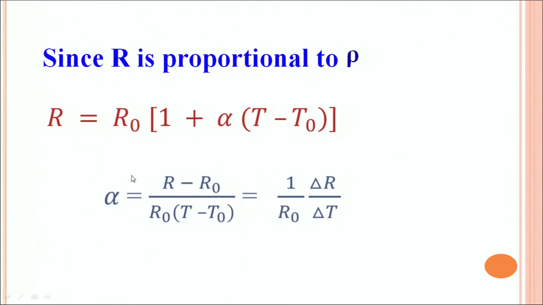Now if you take R minus R naught as a change in resistance and T minus T naught as a change in temperature, then this gives you a tool to define the temperature coefficient of resistance. If you take R naught as 1 ohm, that means the resistance at 0 degree centigrade is 1 ohm, and if you take T minus T naught as again 1 degree centigrade, then alpha will automatically become equal to R minus R naught.